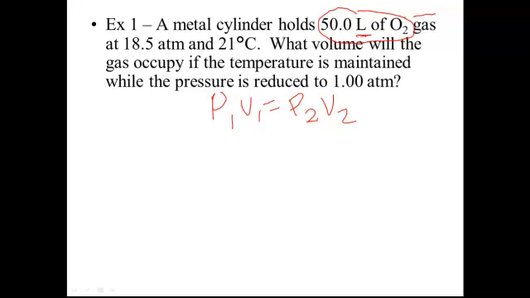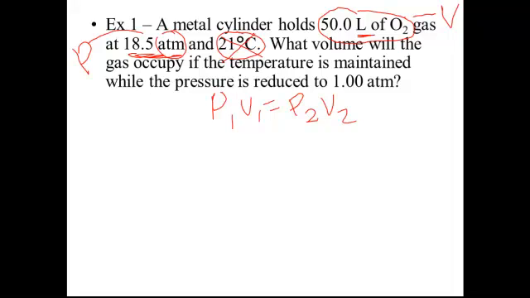Hopefully you look at that liters and go, oh, liters is a measurement of the volume. And it's at 18.5 atmospheres. Where have I seen that? Oh yeah, yesterday. Atmospheres is a measure of the pressure. And it's at 21 degrees Celsius. Great, we know that the temperature can't change, so we're really not concerned about that right now.